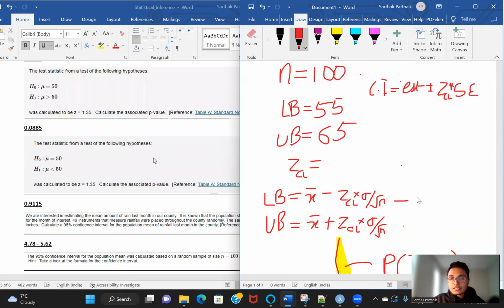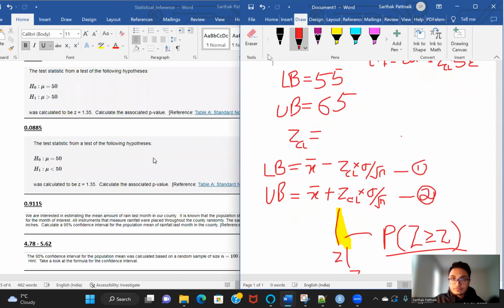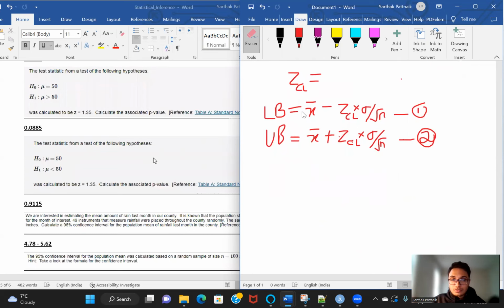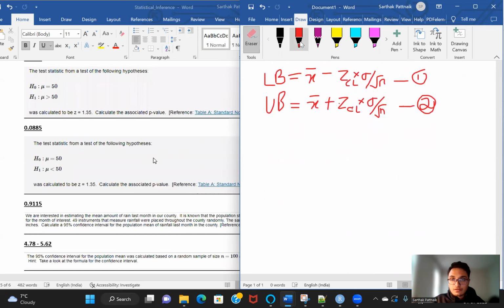Now you can treat this as a linear equation in two variables. This is my first equation. This is my second equation. I'll subtract my second equation from my first equation. So these are the two equations that we have.